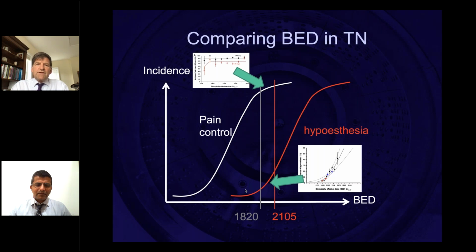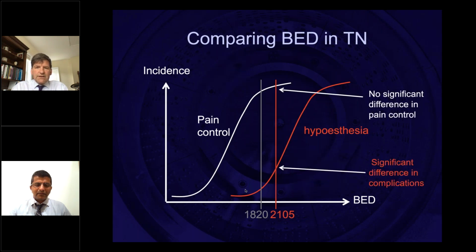So if we go to the 90% incidence, the sigmoid curve is very shallow at that point. If we go and look at hypoesthesia now, where we got an incidence between 5% and 40%, we're on a steeper part of the sigmoid curve. And we can exploit that in order to optimize the therapeutic window. So you see here, no significance in difference in pain control, but a significant difference in complications.